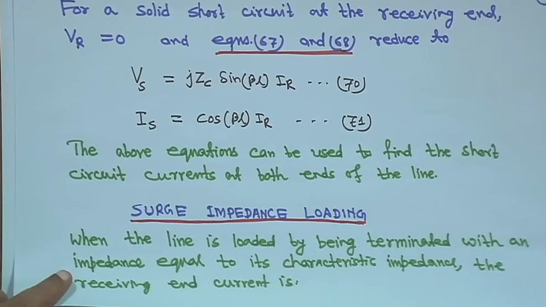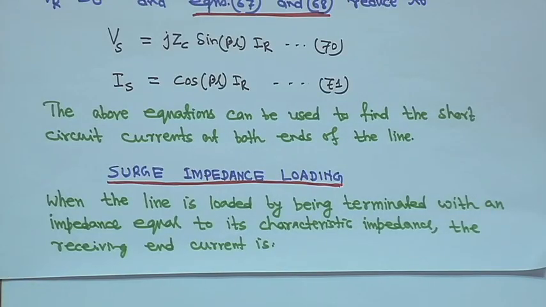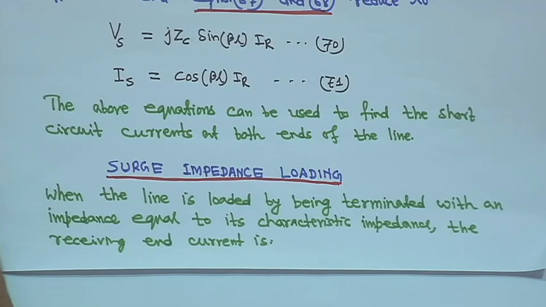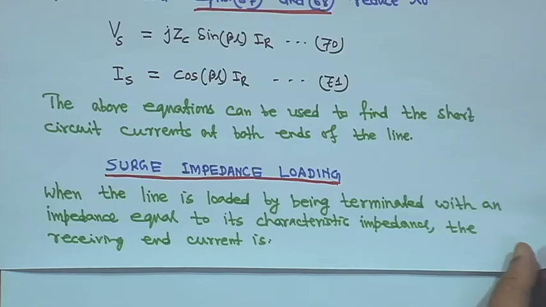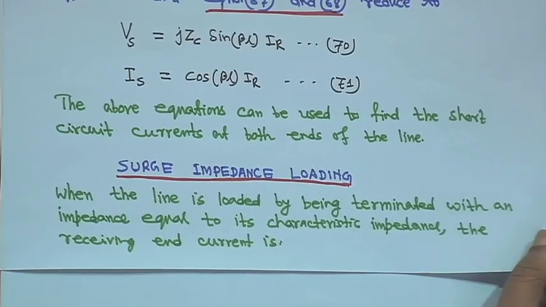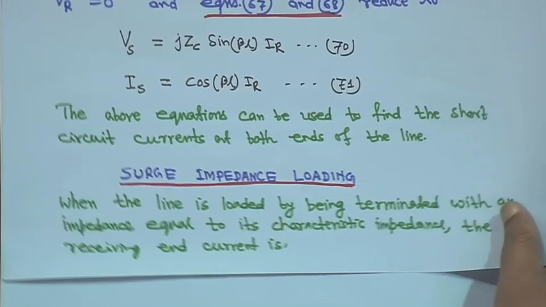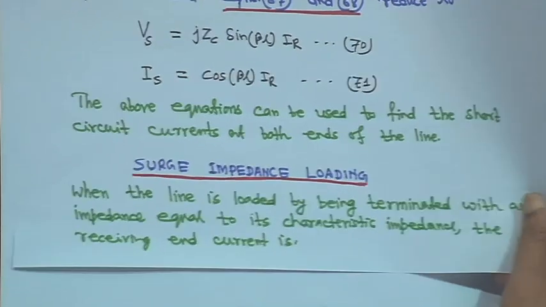Next is surge impedance loading. When the line is loaded by being terminated with an impedance equal to its characteristic impedance, that is Z is equal to Z_C is equal to root over L by C, the receiving end current can be defined. The receiving end voltage is V_R, and the line is terminated with an impedance equal to Z_C.